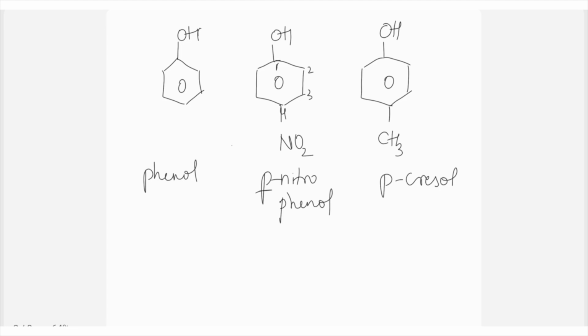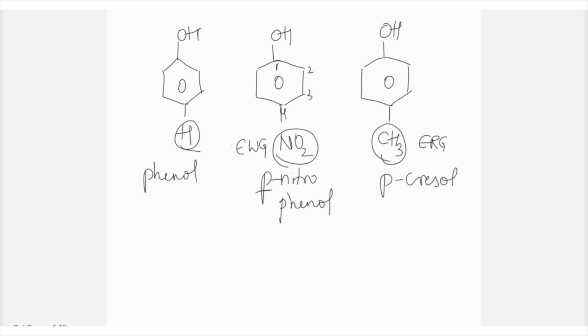Since there is hydrogen in the para position, we consider the minus I effect or plus I effect of hydrogen, which is least. But NO2 is a strong electron withdrawing group, whereas methyl is an electron releasing group.